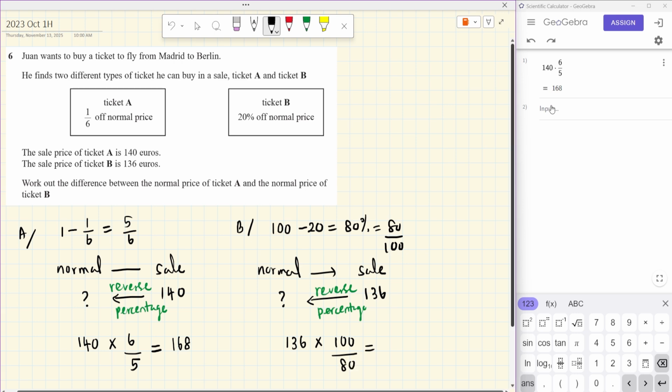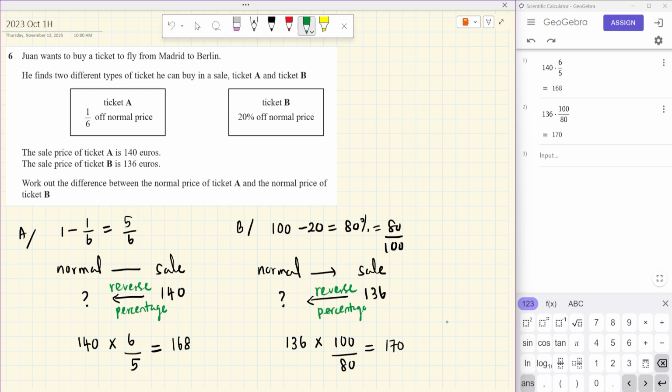Let's put it into the calc. 136 into 100/80, that is 170. Then they ask the difference between normal prices, that is 170 minus 168, that is 2.